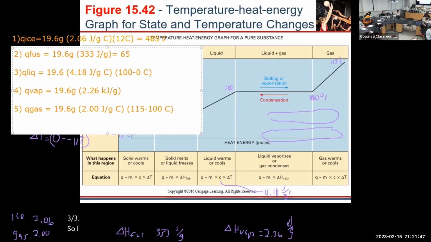So I get 6,530 joules. Next one, 19.6 times 4.18 times 100. How many sig figs? 3. So 8,190 joules.